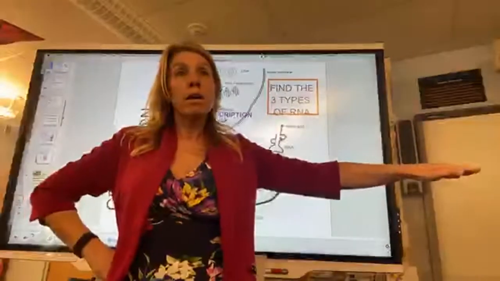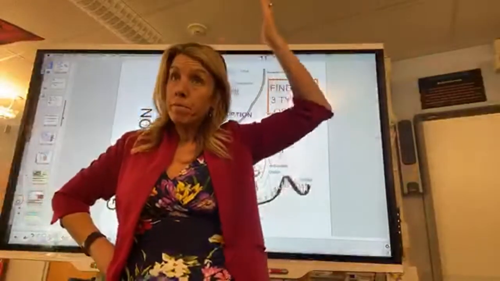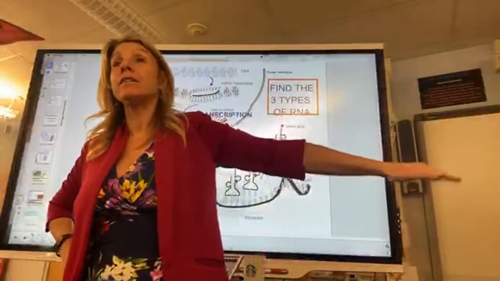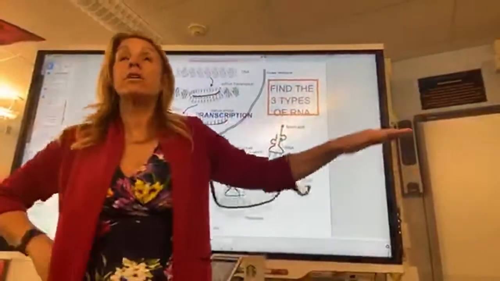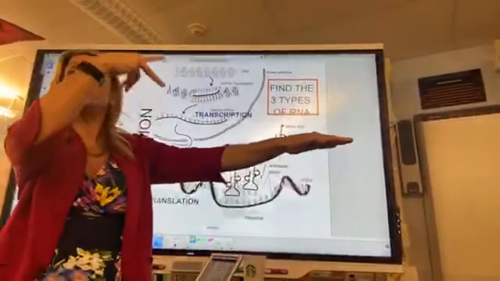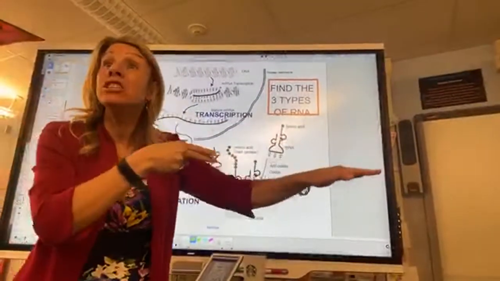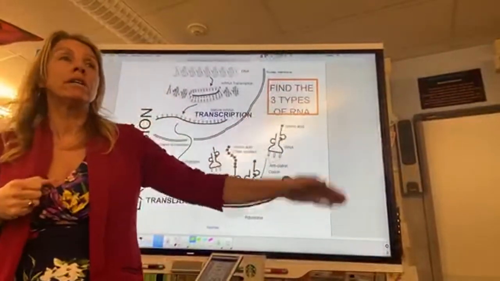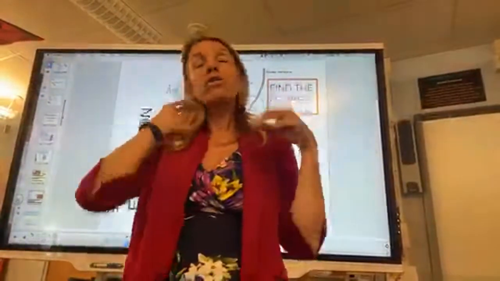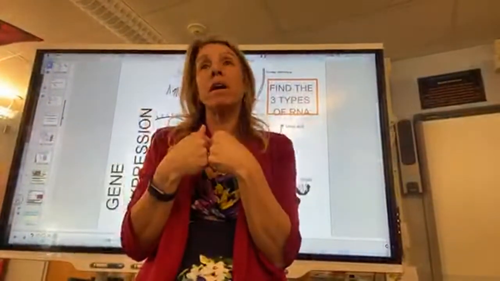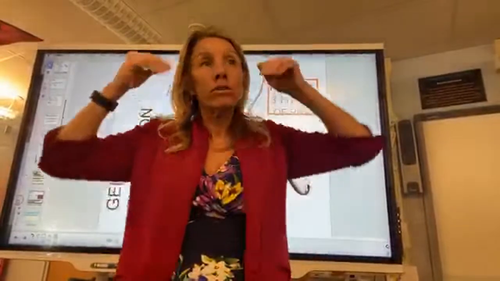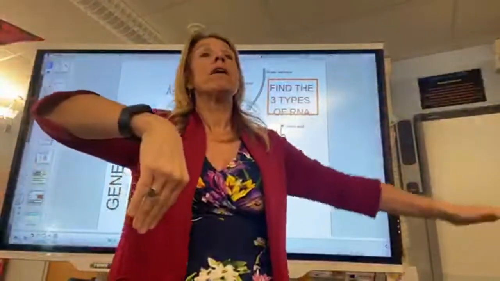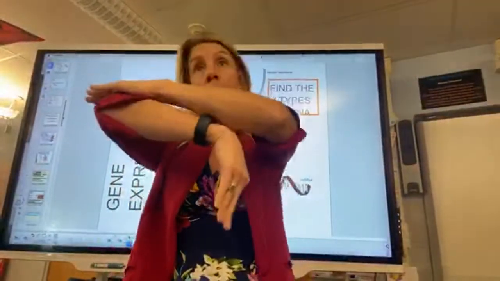Now focus on your mRNA. Put on a cap, 7-methylguanosine, and a tail. And the tail is 100 to 200 adenines. And then you cut out the introns before it leaves the nucleus. So you cut out the introns, what's left behind? Exons, because the exons are expressed. Then your mRNA goes out to your ribosome.